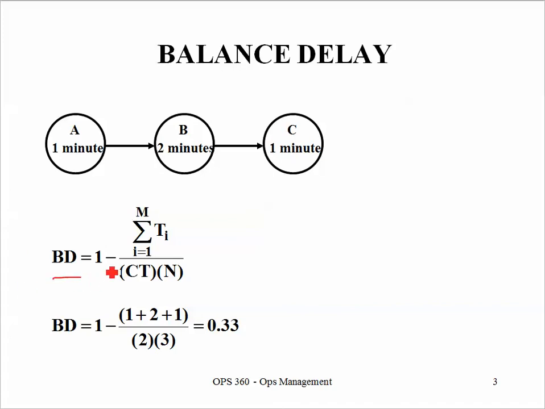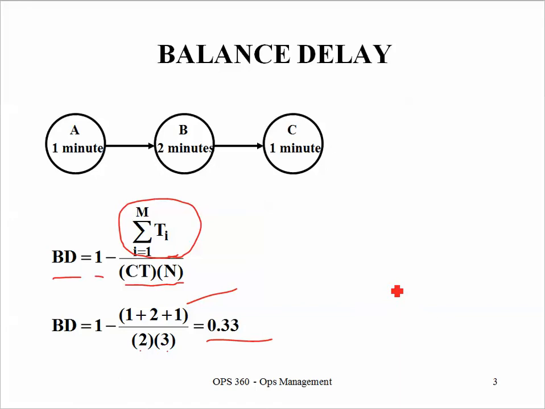All I do is subtract from 1 the sum of all the task times up here. So that's just going to be 1 plus 2 plus 1, so 4 right there. And down here is the number of workstations times the cycle time. The cycle time is 2 minutes, and I've got 3 workstations, so that's 3 times 2, so 6 in the denominator. So 1 minus 4 over 6, that is indeed 0.33 or 33%.